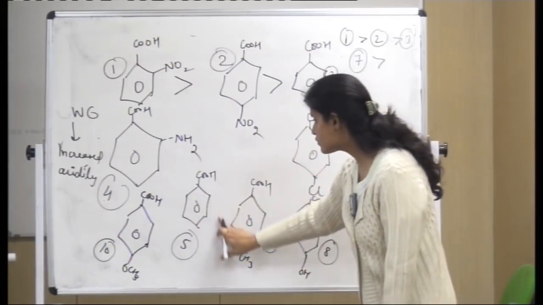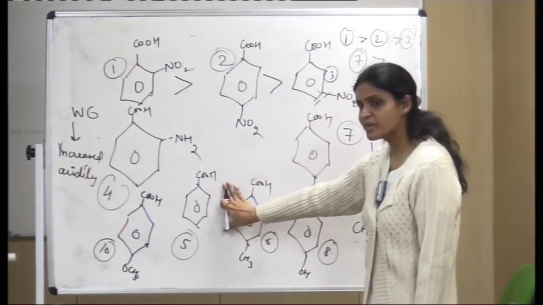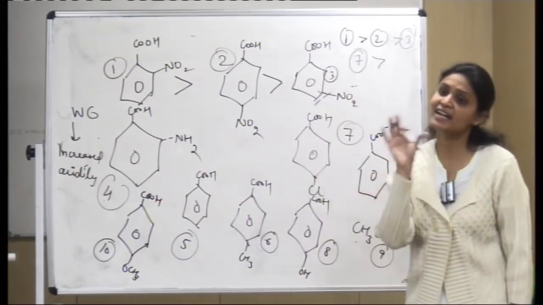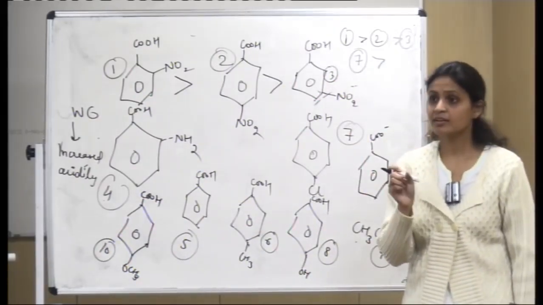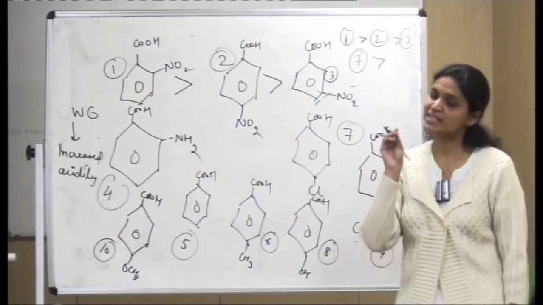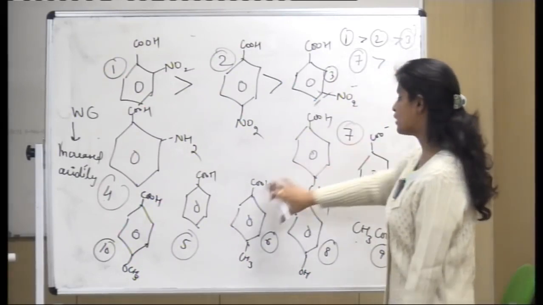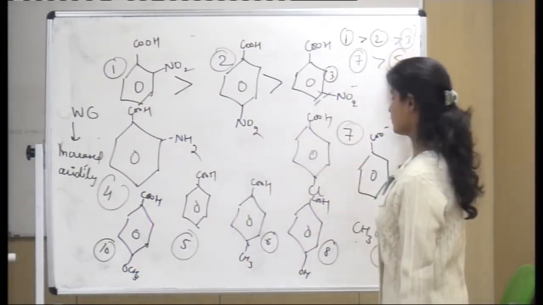Now we are left with plain benzoic acid. If I am given a benzoic acid and a benzoic acid with an electron donating group, then benzoic acid would be the stronger acid, right? And hence I will be having 5.